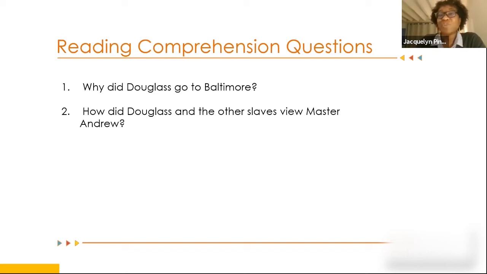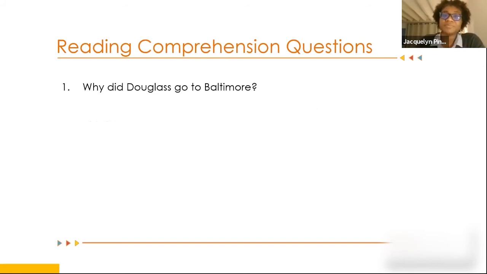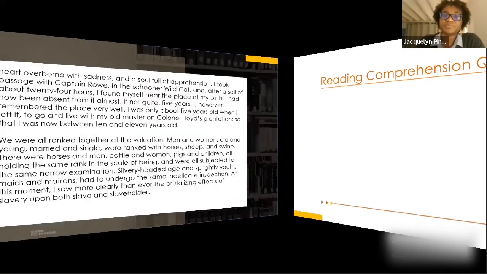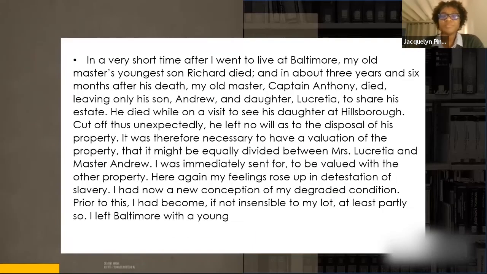We'll probably have to infer that, right? So if we go back to the text, bear with me. Okay, so Andrew was the son of the master, Captain Anthony, who had died, so we left his son Andrew and Lucretia, right? And then they had to be sold off.